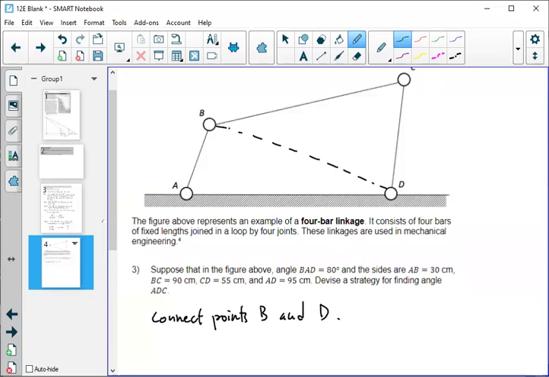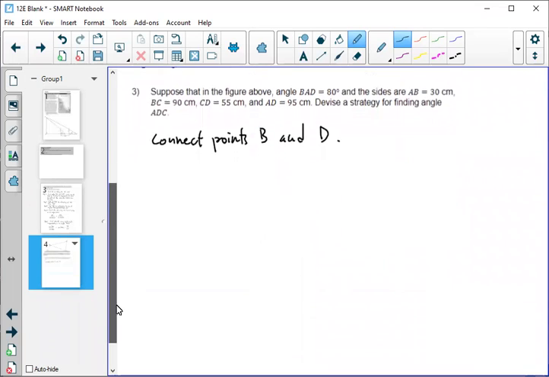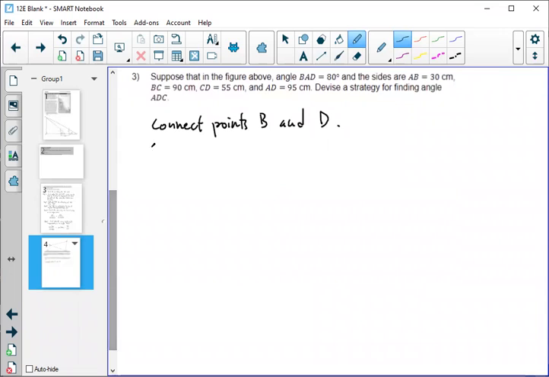Let's put a dotted line in there to show that is what we drew in. And then let's do steps again.